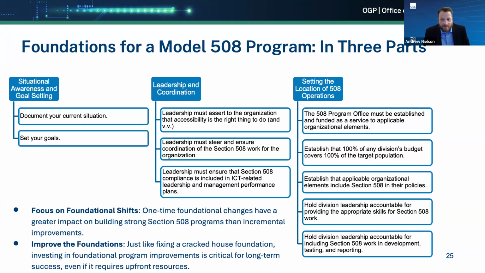The second foundational area is leadership and coordination. We found over and over again in our interviews that while of course grassroots efforts matter, having leadership endorsement and leadership direction on behalf of the entire organization really helped solidify the efforts of the accessibility programs.